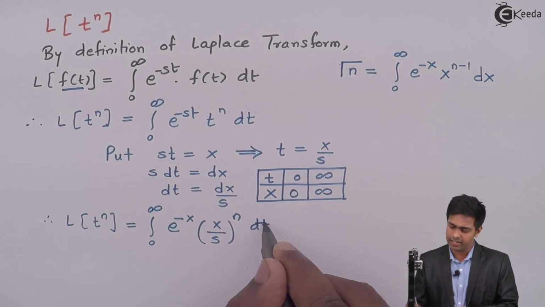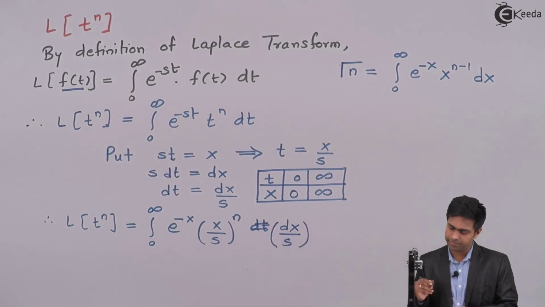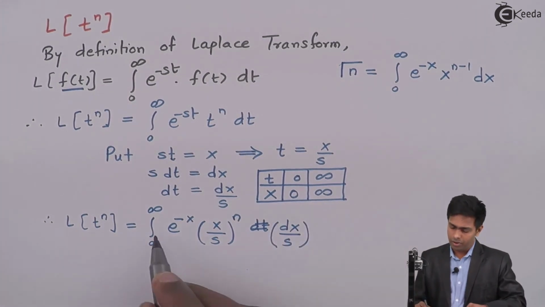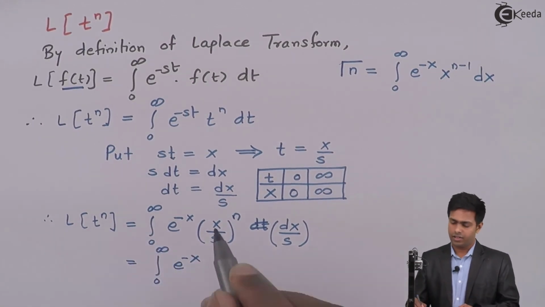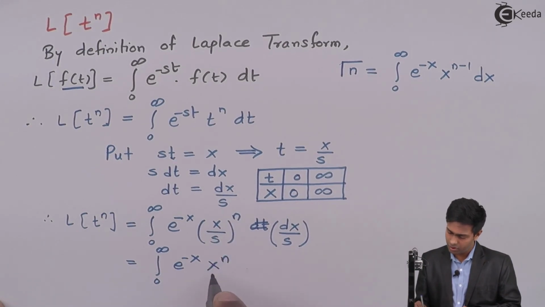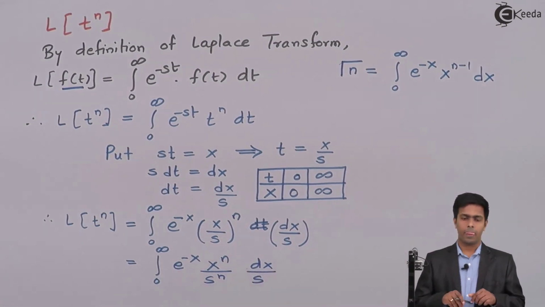Now we'll get integration 0 to infinity e raised to minus x as it is, and x raised to n upon s raised to n, dx upon s.